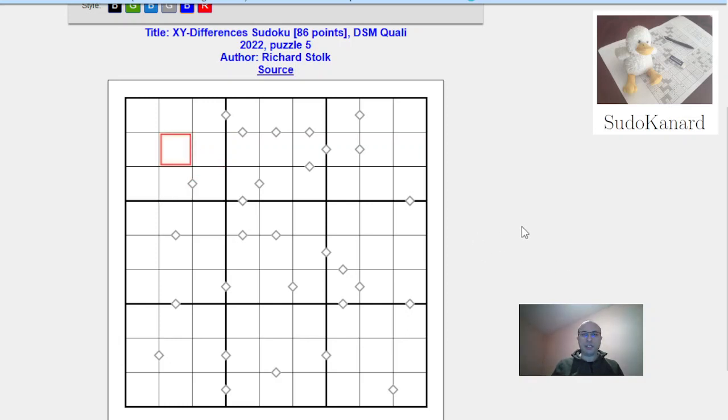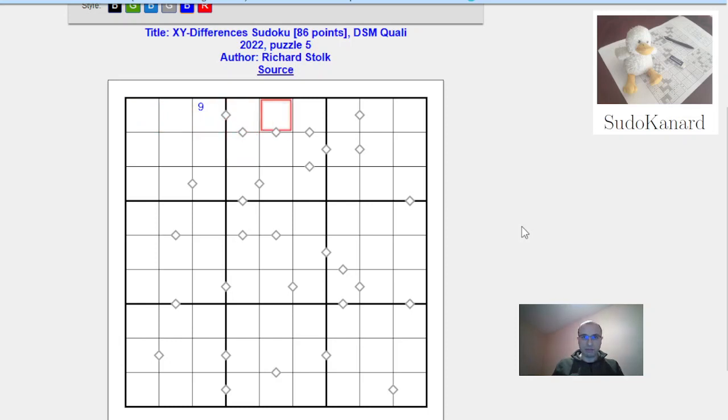A good way to start such puzzles is to remind ourselves that 9 is not the difference of two digits. So if 9 is the first digit of the column, it must be in a column where no such symbol appears. It's the case here, so 9 could be here. We could think that 9 could be in the first column in first position, but it couldn't be here because of this symbol.